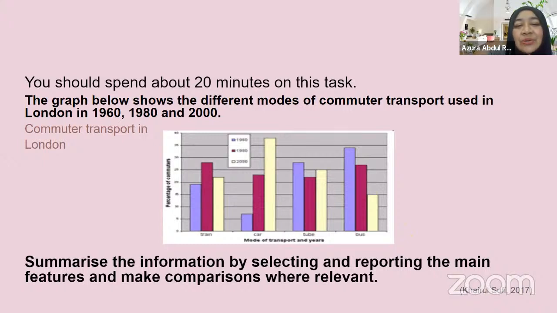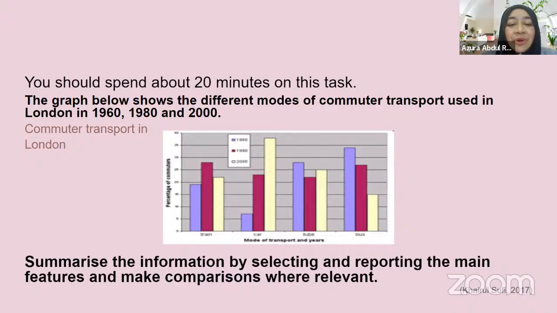The graph below shows the different modes of commuter transport used in London in 1960, 1980, and 2000. So that's a huge amount of time, isn't it? 40 years, okay? So commuter transport in London, the light blue is 1960, the red is 1980, and yellow is 2020. And the percentage is given at the side, although it is not very clear, but it's 5, 10, 15, 20, 25, 30, 35, and 40.